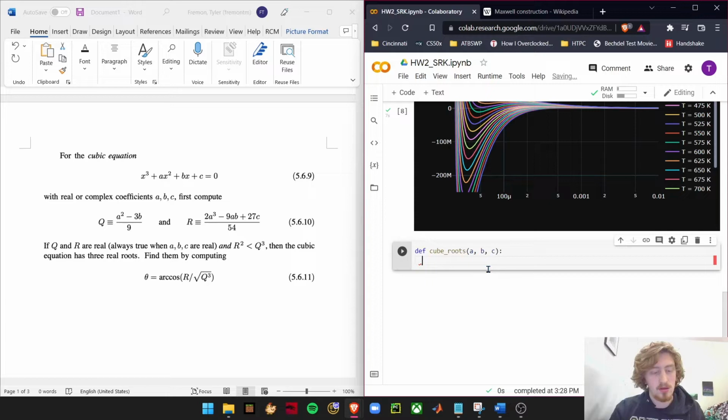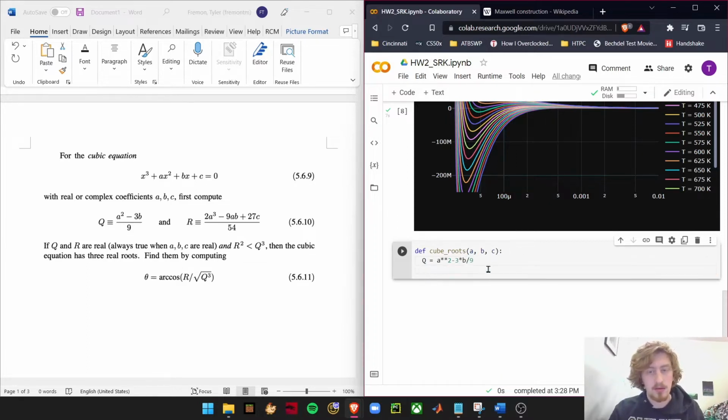So q is going to be equal to a squared minus 3 times b, all divided by 9. And then our r is going to be equal to 2 times a cubed minus 9 times a times b plus 27c.